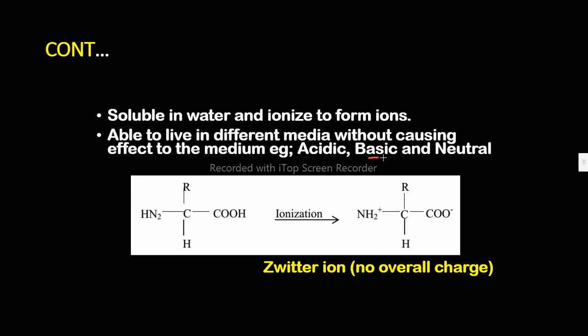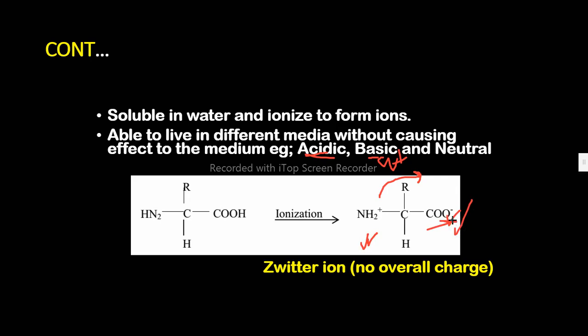But when you are in a basic solution, you have more OH, so the OH ions will take the hydrogen from this, and you have more of this form. When you are in an acidic solution, the hydrogen ions will be absorbed by this group, and you have more of the other form.